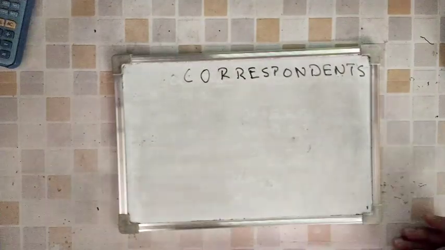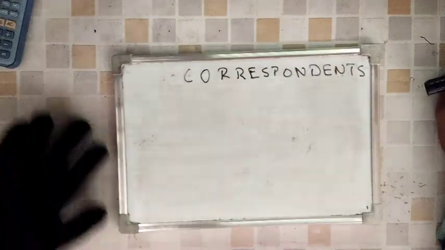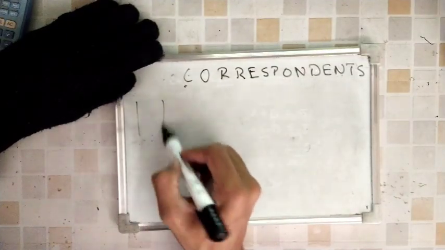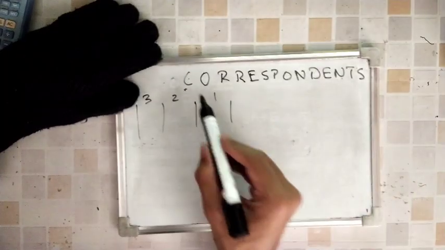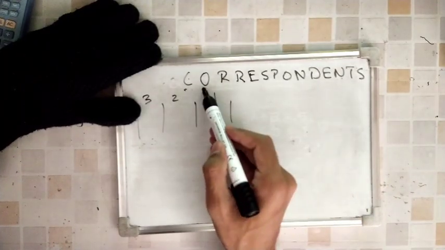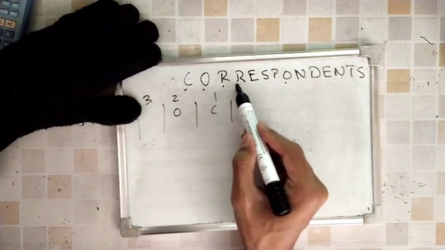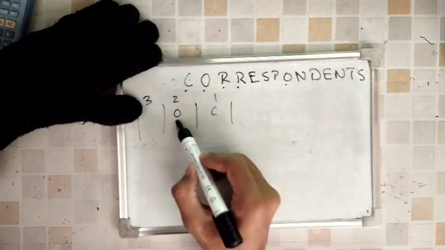So first you have to note down how many times C is there and how many times the other letters are coming. C is only one time. O, 1 time, 2 times, so O is 2 times. Then R, 1, 2, so R is also 2 times.